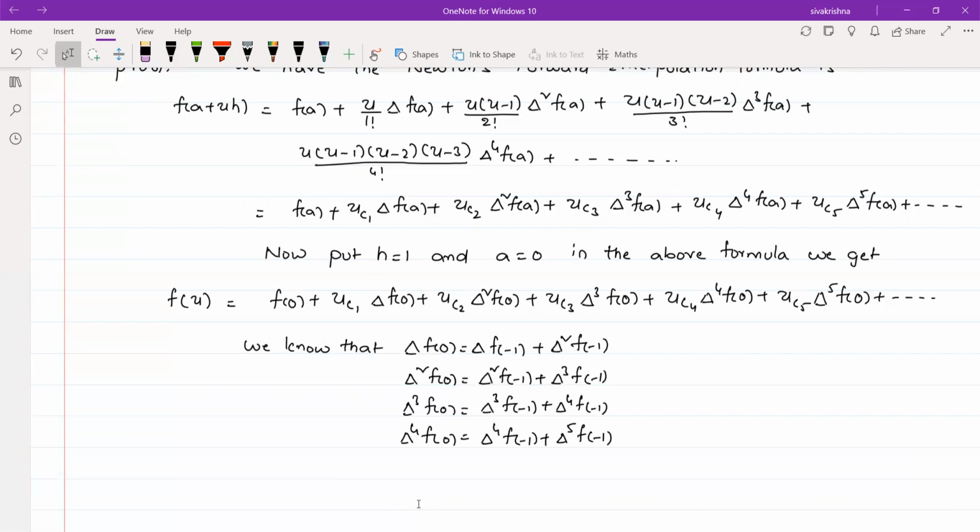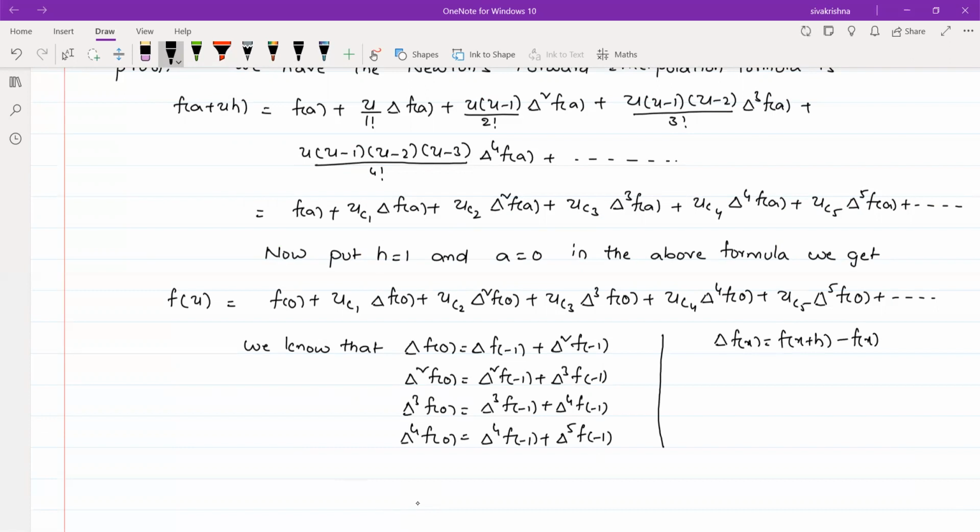So now I am going to explain one value, that is delta f of 0. How can we write delta f of 0 in this way? Coming to the explanation, we know that delta f of x is equal to f of x plus h minus f of x. This is the formula of delta.